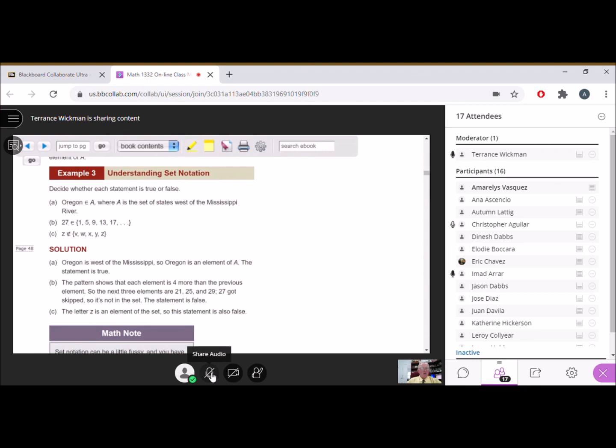We have to figure it out. 1, 5, it's every 4 numbers. After 25 comes 29. 27 is not in this, so the answer is no. This one says Z is not an element of this, and of course it's there, so this is also false. So number 3 is kind of tricky, but I hope that makes sense. You guys good with number 3?